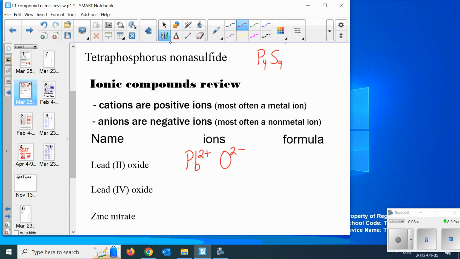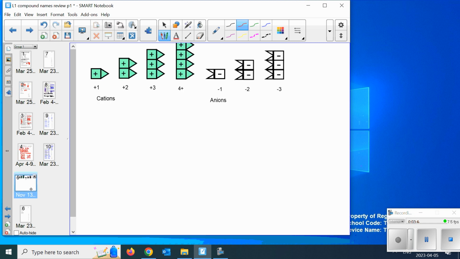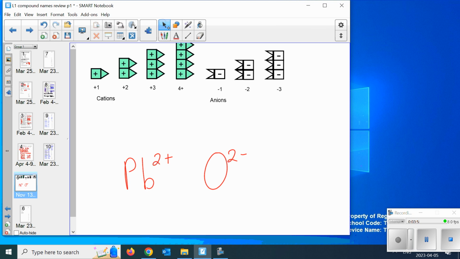Now, we have to come up with the formula. I'm going to review, and some of you can see. So this is a thinking page. You don't have to write this down. Pb 2 plus, O 2 minus. So I'm thinking here, this represents 2 positive charges, right? This represents 2 negatives.